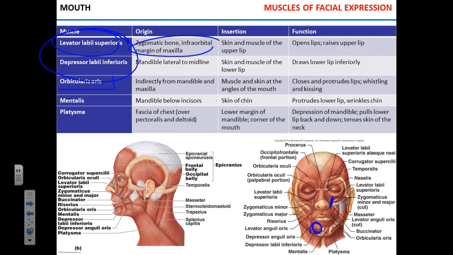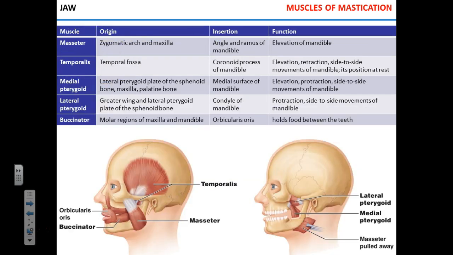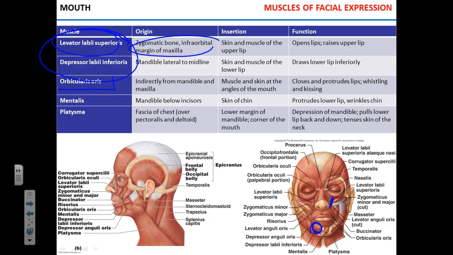Orbicularis oris is very simple, it's the muscle around the mouth. Origin, mandible and maxilla. Insertion, mouth.